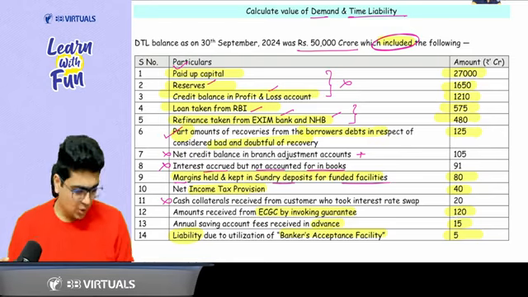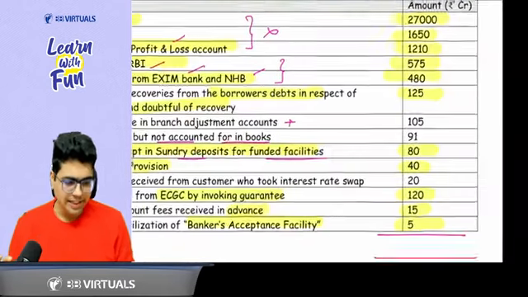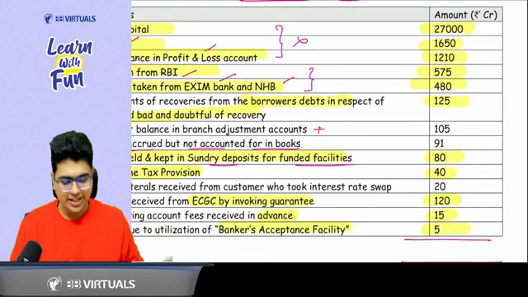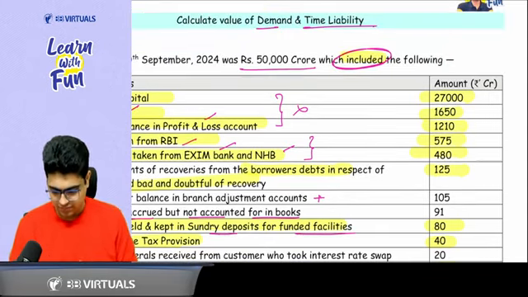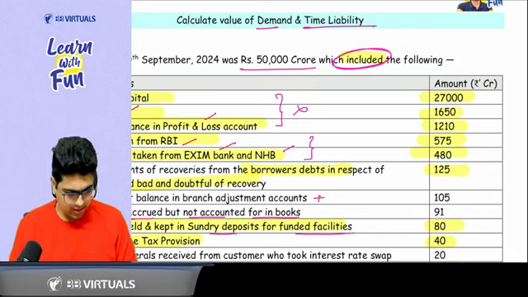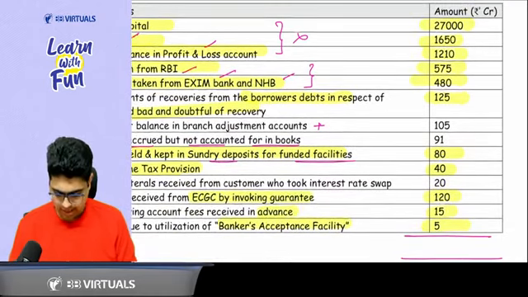Now let's calculate the net position of DTL. Everyone please calculate with me. We'll start with 50,000 minus 27,000 minus 1650 minus 1210 minus 575 minus 480 minus 125 minus 80 minus 40 minus 120 minus 15 minus 5.